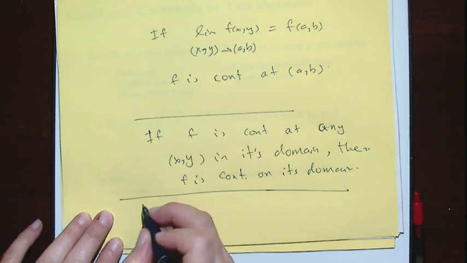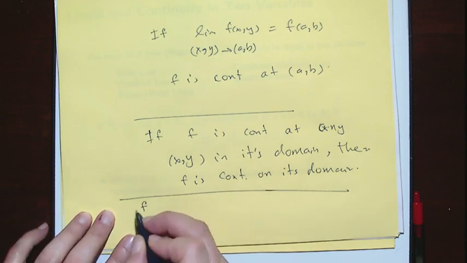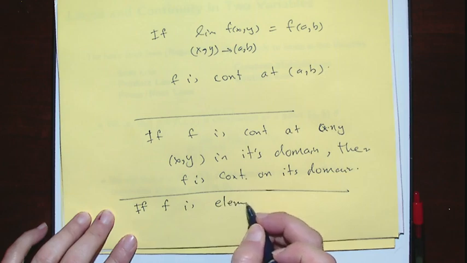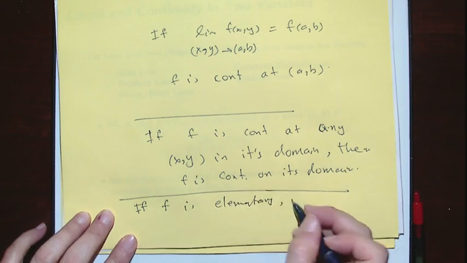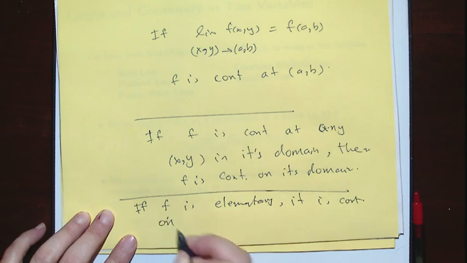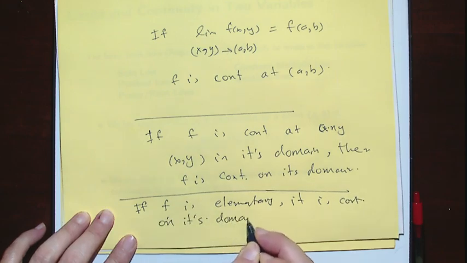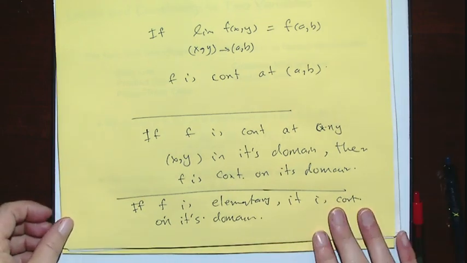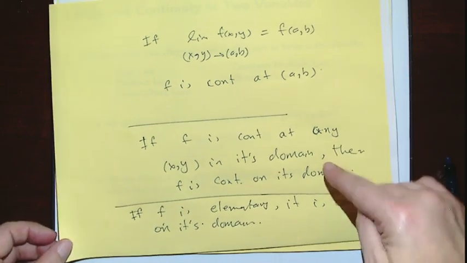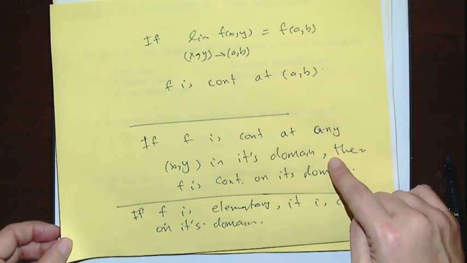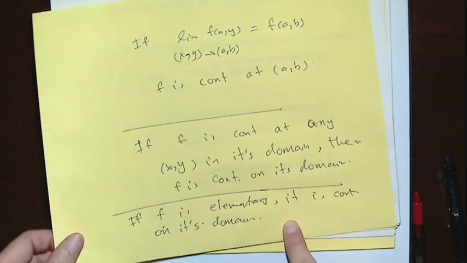Last, if f is elementary, it is continuous on its domain. So these are the definitions you need: the continuity at a point, continuity on the domain, and elementary functions.